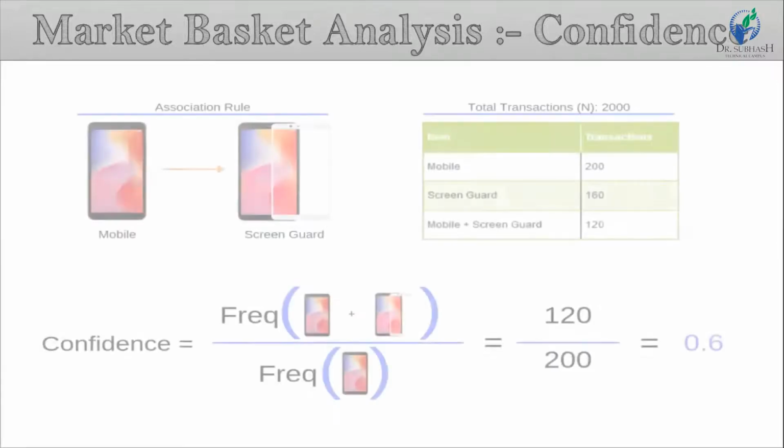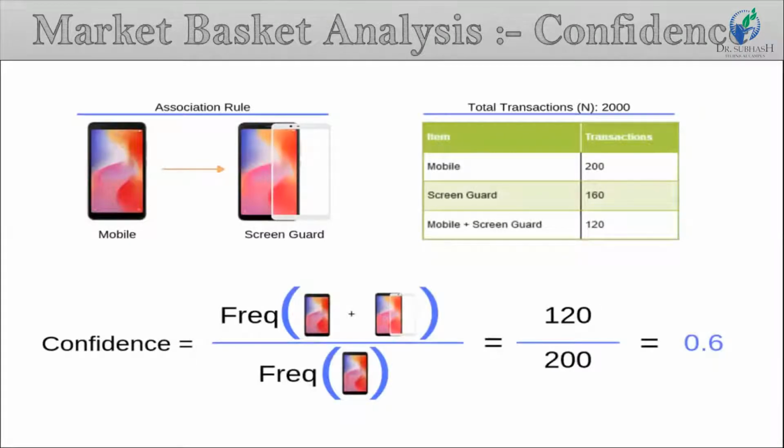So, in our example, the mobile phone and screen guard transaction occurs 120 times and the total transactions of mobile is 200. Put those values in the equation of confidence.